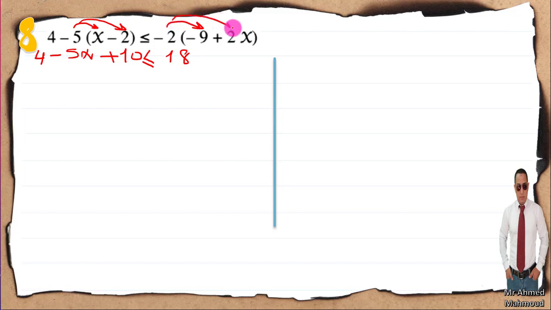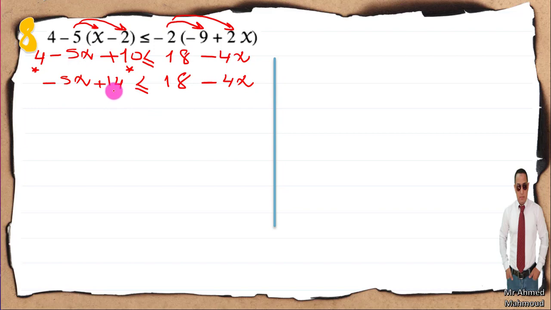Negative 2 times 2x equals negative 4x. Okay, now I'm going to simplify 4 and 10 because they are like terms and they are on the same side. 4 plus 10 equals 14. So I have now negative 5x plus 14 less than or equal 18 minus 4x.